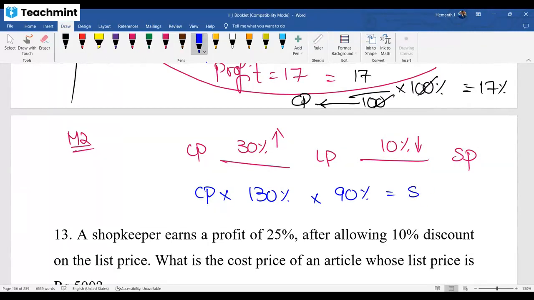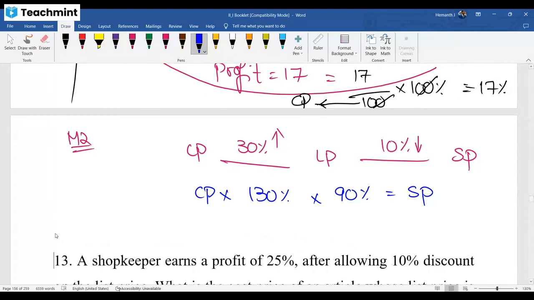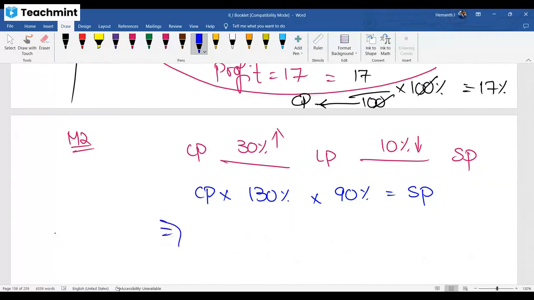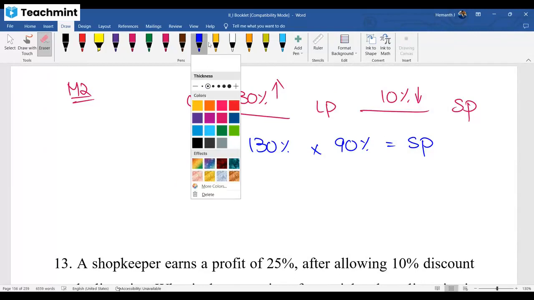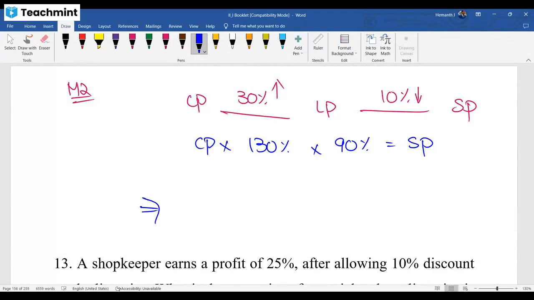That is equal to selling price. Okay. So CP 130% means 130 divided by 100. 90% means 90 divided by 100.